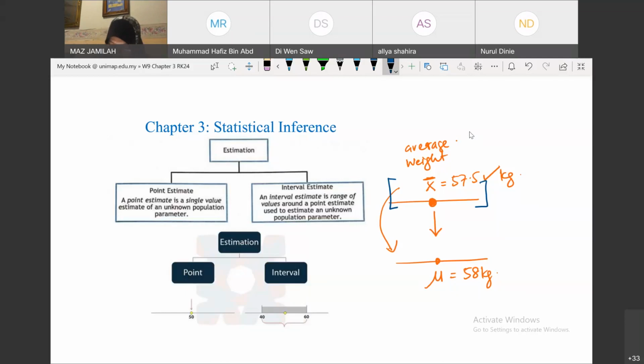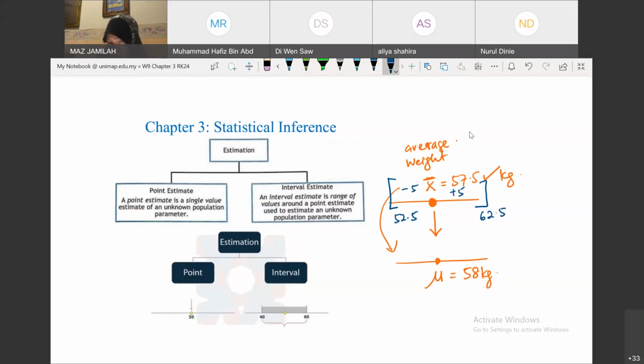So instead of having one point, let's say the margin of error is plus or minus 5. Taking 57.5 minus 5, we have 52.5, and 57.5 plus 5 gives 62.5.